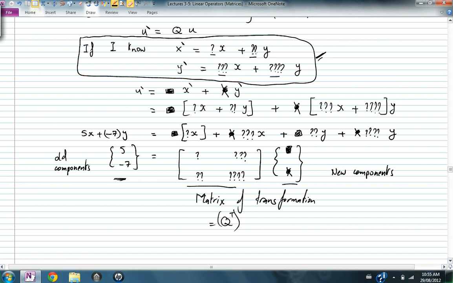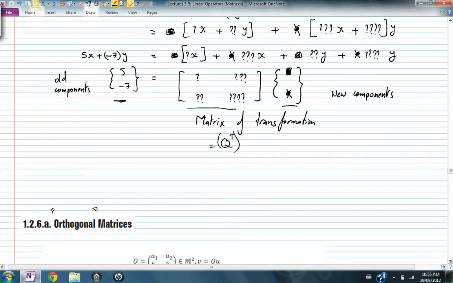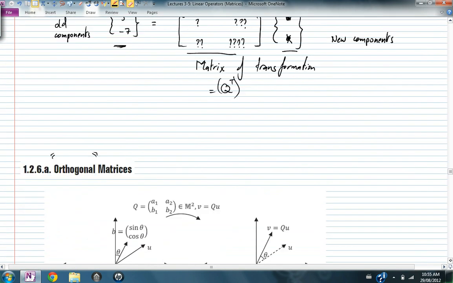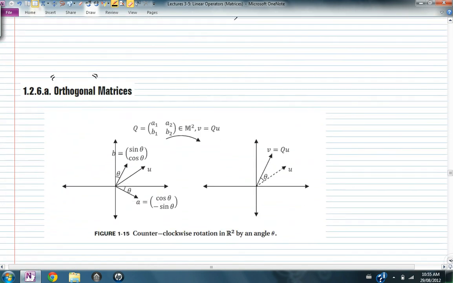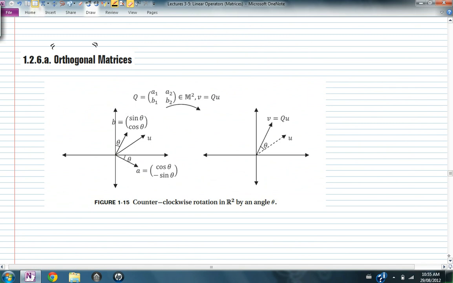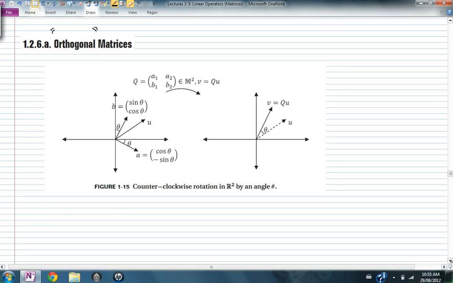So let's step back a little bit now and try to define what an orthogonal matrix is. An orthogonal matrix is defined as follows.